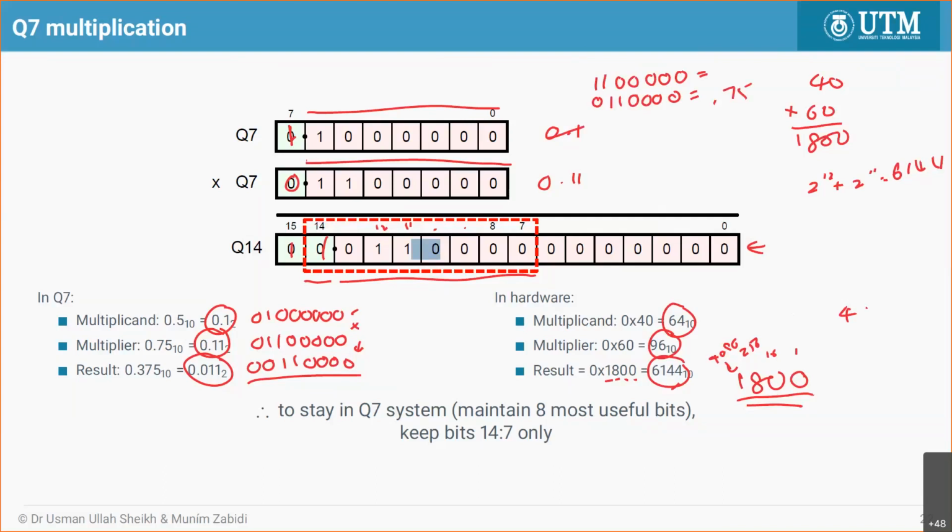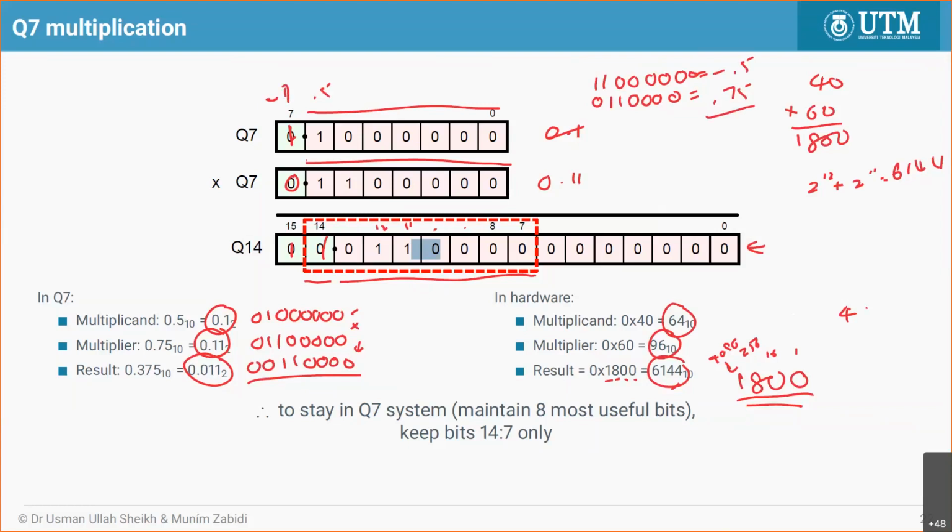What's the value? 1100, 0000. Takes a long time to calculate. Okay, this one is 0.5. This one is minus 1. Minus 1 plus 0.5 becomes minus 0.5. Yeah, you multiply that.